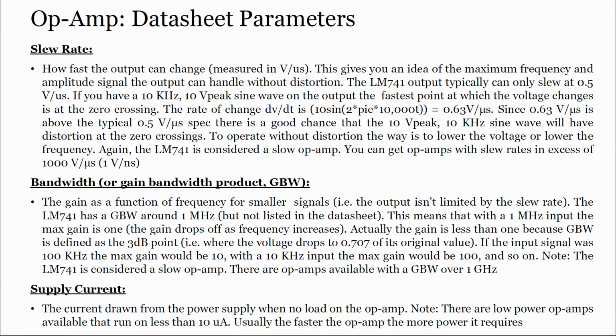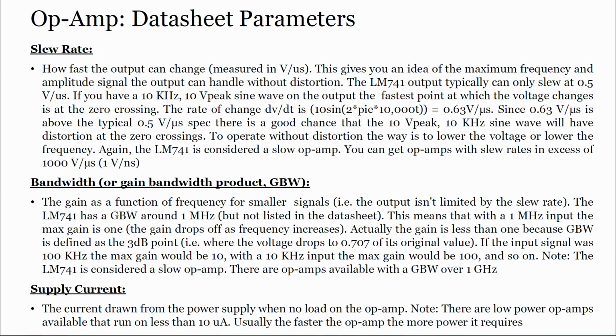Let us see this example. Let us say the LM741 output typically can only slew at 0.5 volt per microsecond. If you have performed the slew rate experiments, you will know that it is around 0.5 volt per microsecond. Now, if you have a 10 kilohertz, 10 volt peak sine wave on the output, the fastest point at which the voltage changes is at zero crossing.